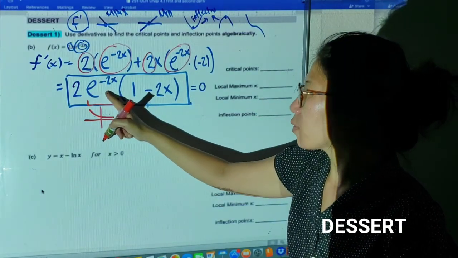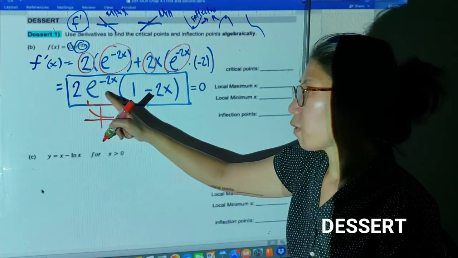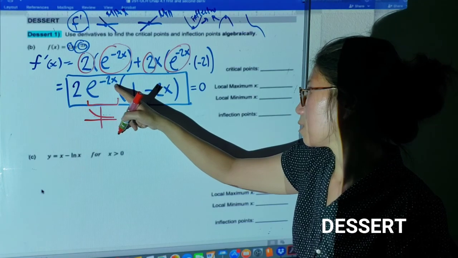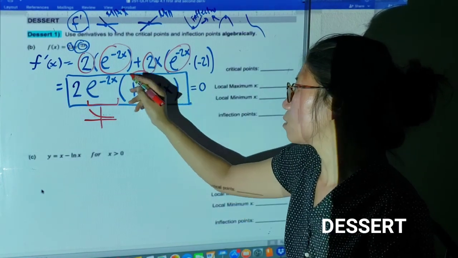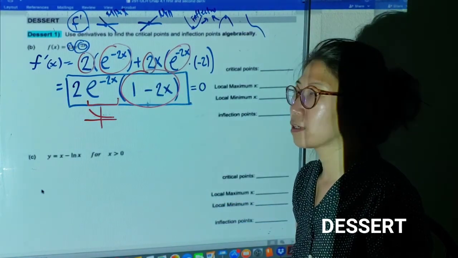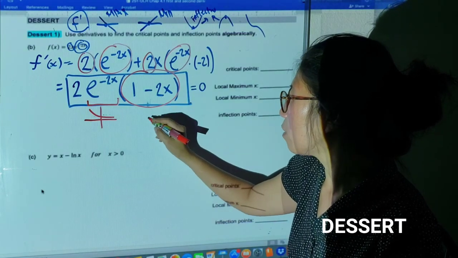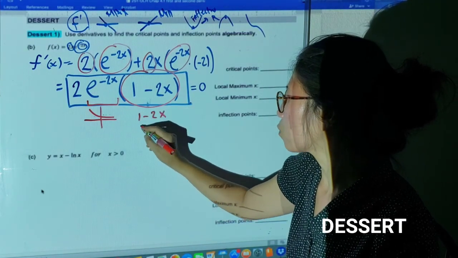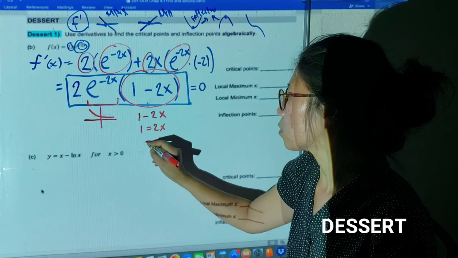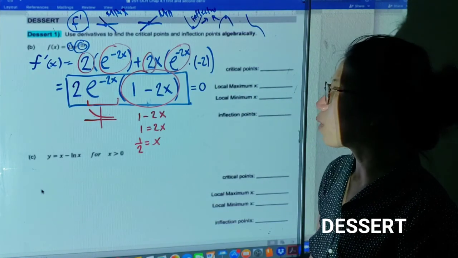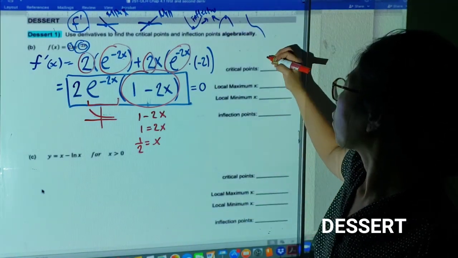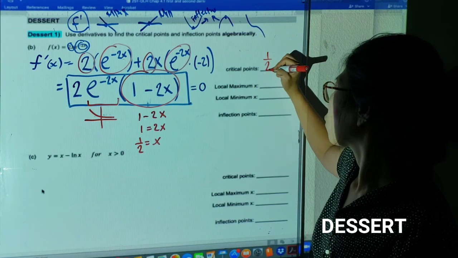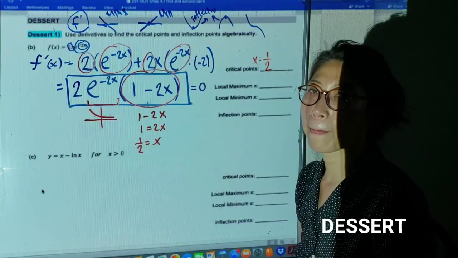So this one never 0. We cannot find any x makes it 0. The only thing that can make it 0 comes from this part. So solve for x here, then 1 minus 2x, 1 is equal to 2x, x is equal to 1 over 2. So I found critical point. I have only one, which is 1 over 2, when x is 1 over 2.